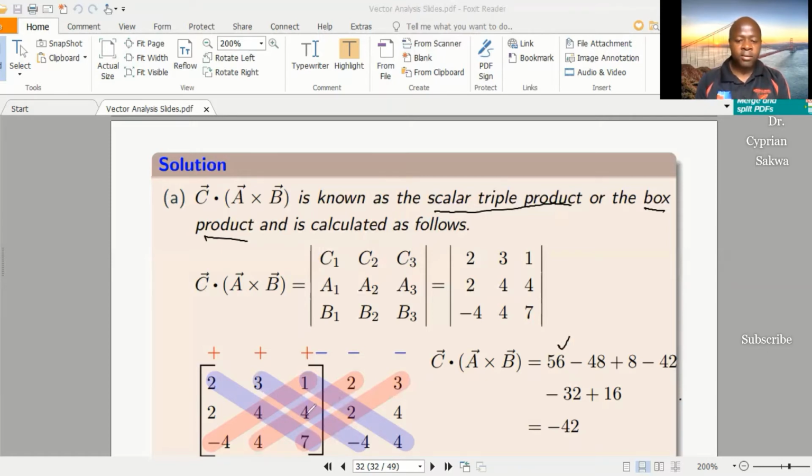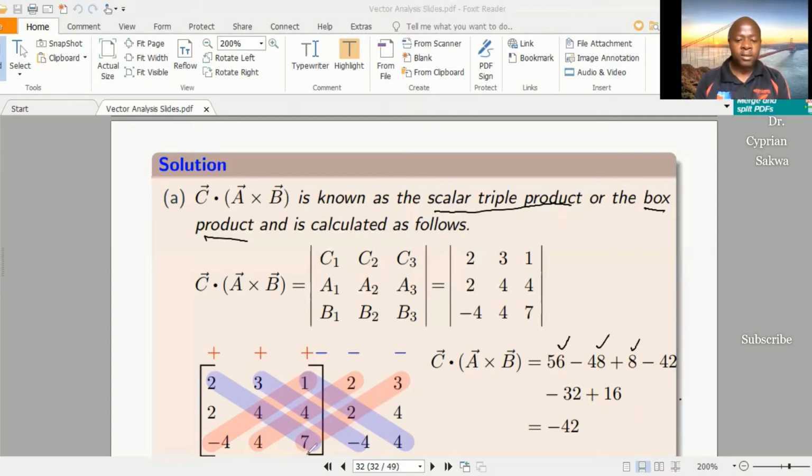Then 3 times 4 is 12, times negative 4 is negative 48. And 1 times 2 times 4 is 8. These are the diagonals in red, running from top right to bottom left. I will multiply along these diagonals and subtract the results.